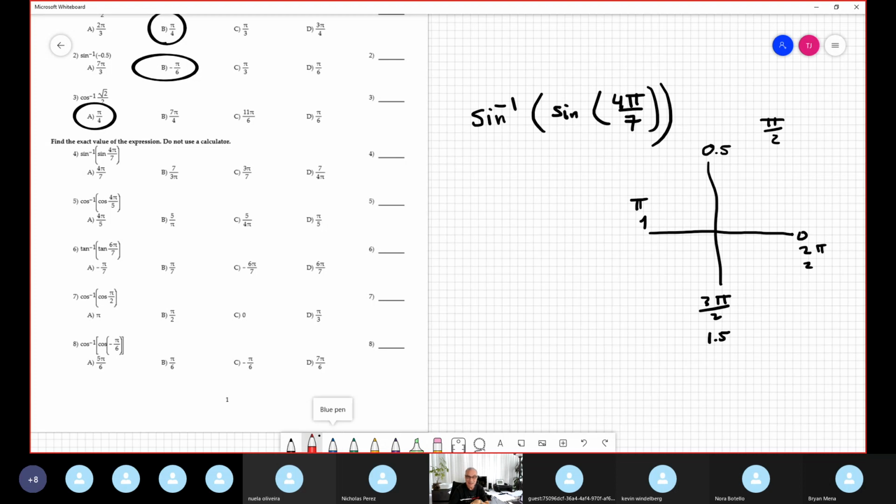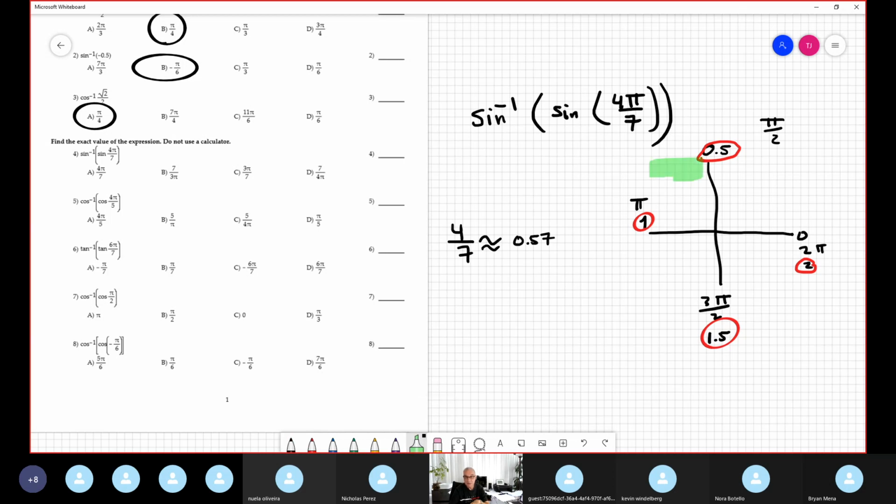This is one fantastic way to identify in radians in what quadrant our angle lies. So you take 4 over 7. You forget the pi for a moment, and you put it in the calculator and compute the decimal approximation, which is 0.57. Wow. So 0.57 lies in the second quadrant.